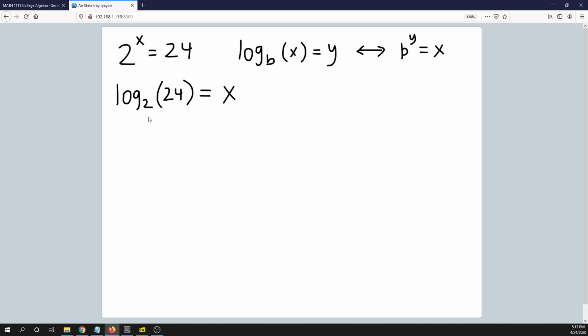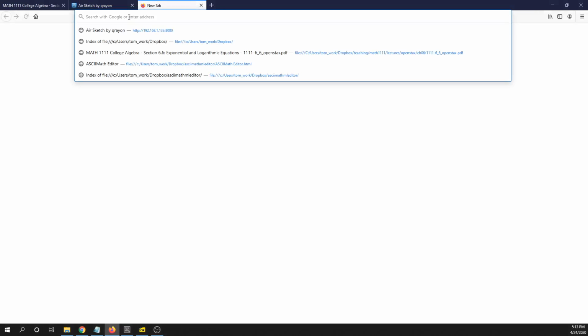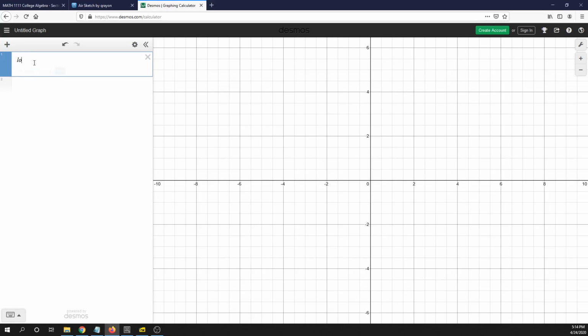The only issue with this is if you're trying to get a decimal answer, you would have to use your calculator or something else. Well, in Desmos, it's no problem. In Desmos, I can just type that answer in as log base 2 of 24, and I can get the answer there, so no issue with that.